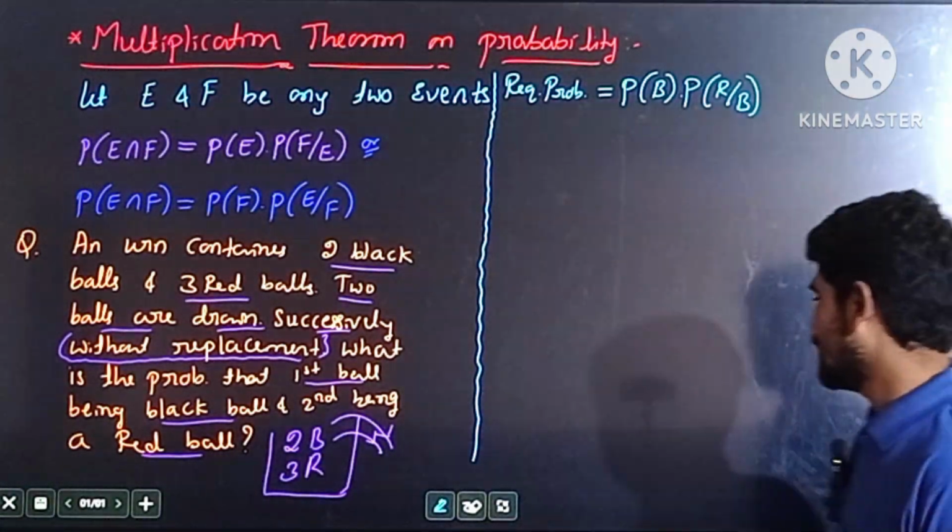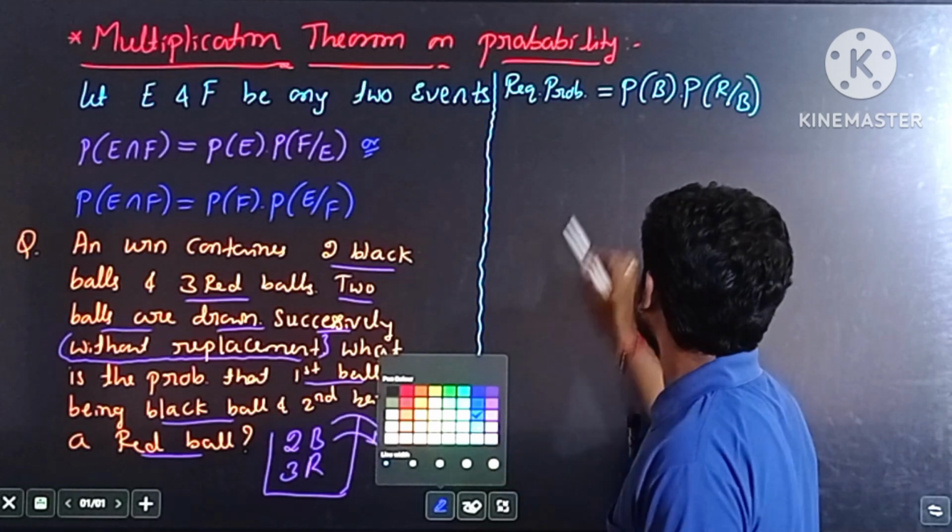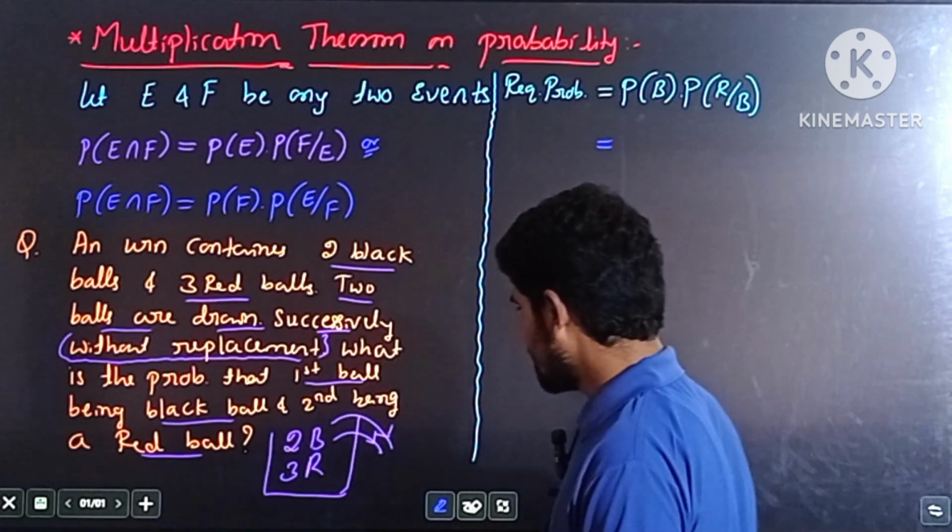I hope all of you understood. And this required probability is equal to, so probability of the first black ball. See here total number of balls in the box is 5, so divide by 5, and number of black balls is 2.